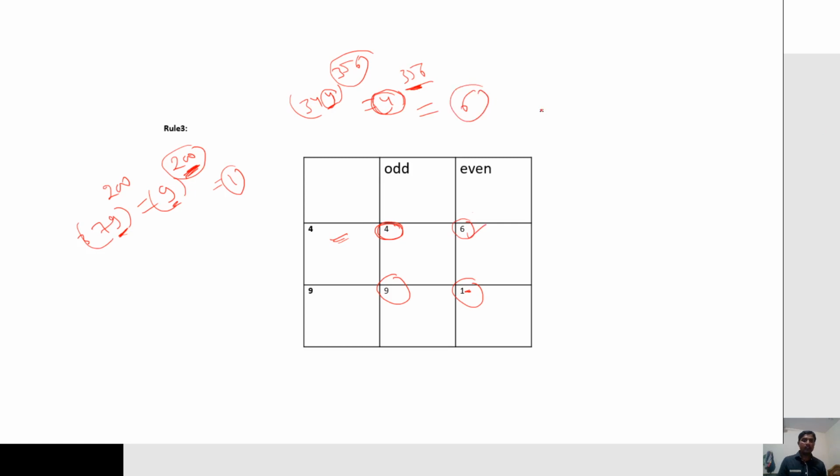Okay, next, 374 to the power 199: again 4 to the power 199, and the power is odd, so in the case of 4 with an odd power we get answer 4.